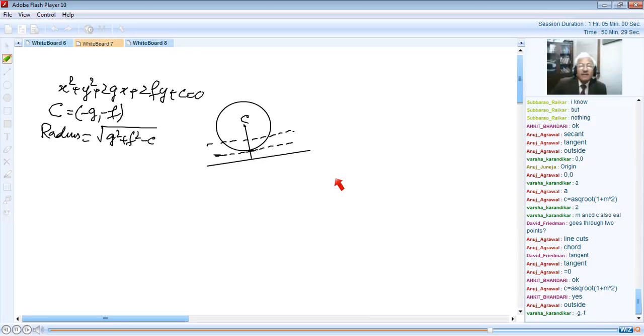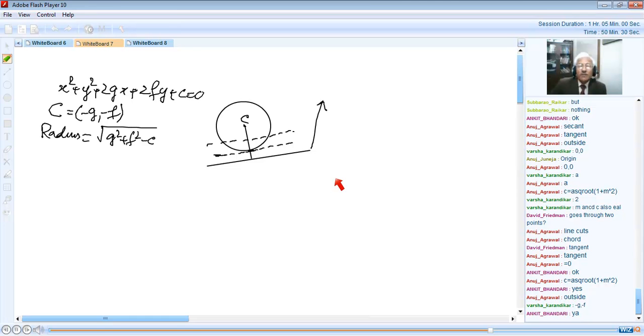Now let this line be lx plus my plus n equal to 0. This is the line AB. And CN is the perpendicular. Can you tell me what is CN equal to?